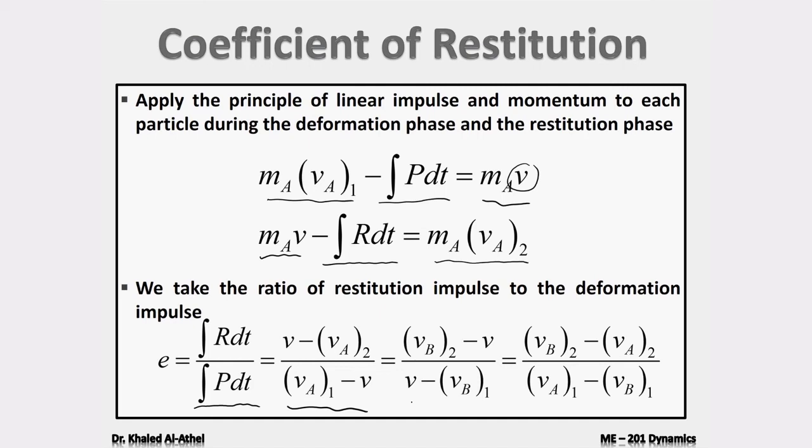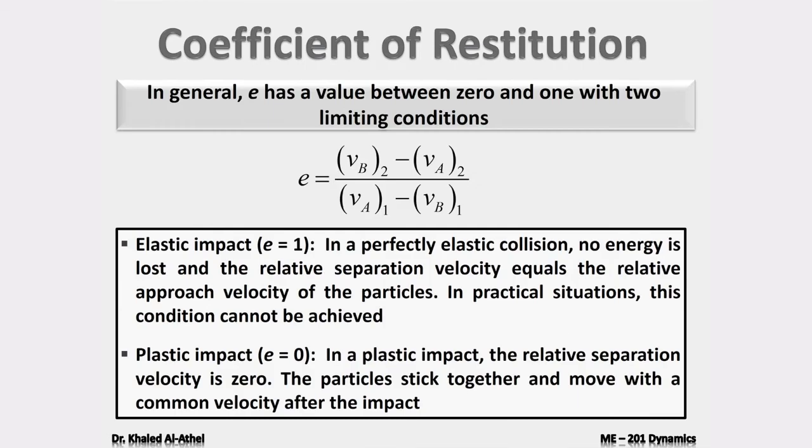You can do the same thing for B. You will get this, taking v outside of this, just substituting vB2 and vB1. Finally, you get this final expression. Just to have it clearly written here: e equals the final velocity of B minus the final velocity of A over the initial velocity of A minus the initial velocity of B. Keep in mind, it doesn't have to be B minus A; it could be A minus B. It's just two particles.